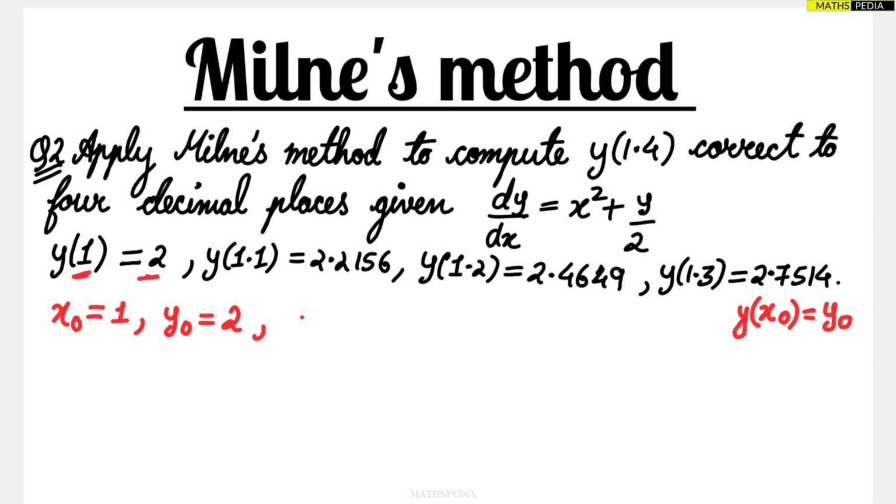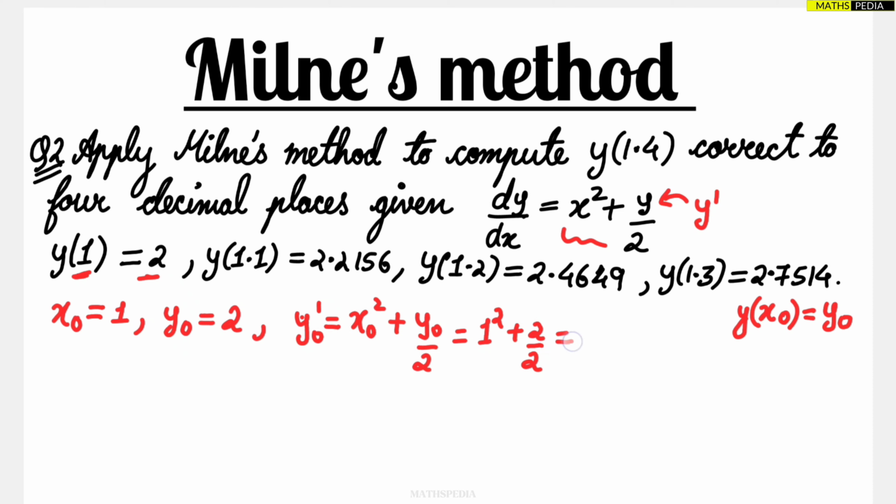Now we have to find out the y naught dash value also. This is the function, this is basically y dash. So it will be x naught square, in place of x, x naught will come, in place of y, y naught will come. Simple, so you have to substitute the values. It will be 1 square plus 2 by 2, which is equal to how much?